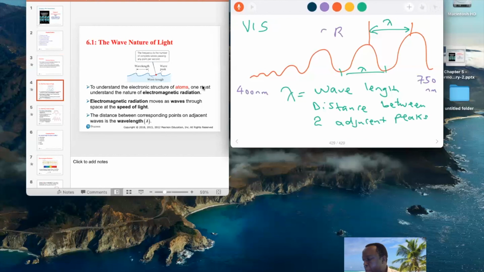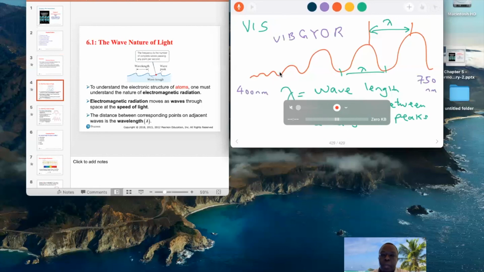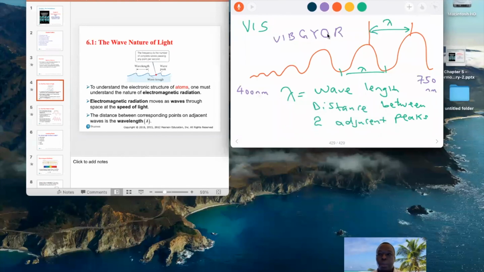R, O, these are the arrangement of colors according to increase in the wavelength, and that is what this diagram means in terms of arrangement of colors of light we see based on the wavelength, the distance between two adjacent peaks.